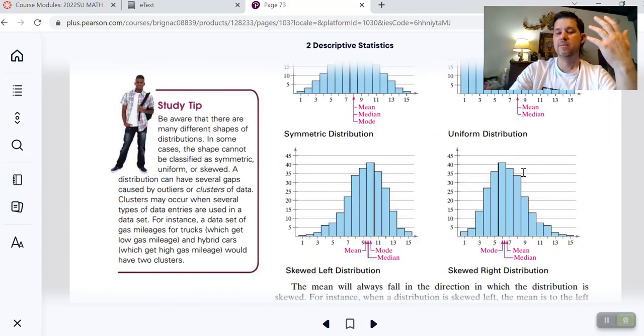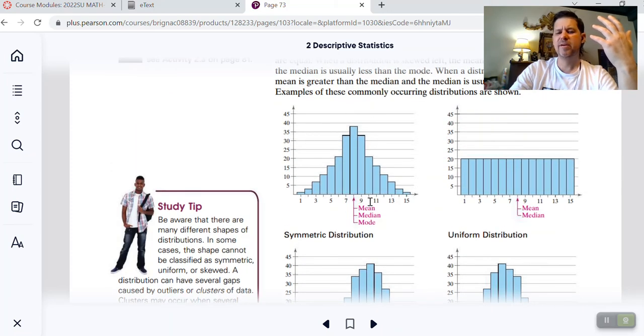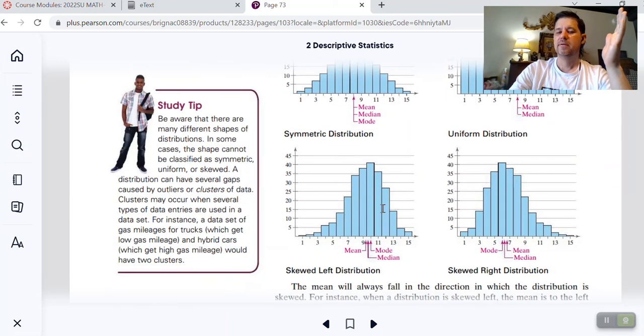Now, these two, skewed to the left, skewed to the right, are variations on the symmetric. Like, what if the symmetric was tilted over or scooted over a little bit? What if there was just a little more over here than over here? Okay, so that's how we get skewed left.